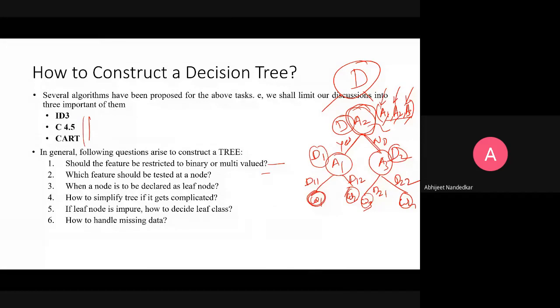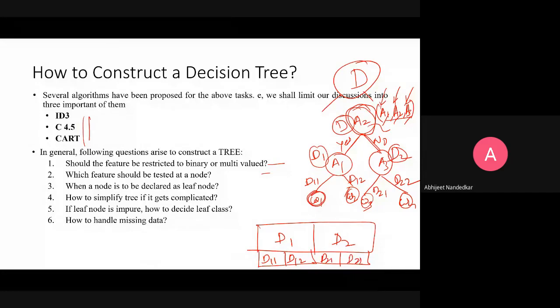So we keep on dividing the set. This was my big set; I divided it into D1, D2, and these were further divided into D11, D12, D21, D22. We keep on dividing these sets till we reach a pure node, that means there is no impurity from another class.